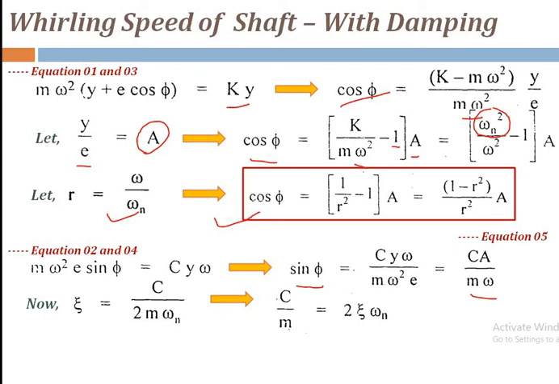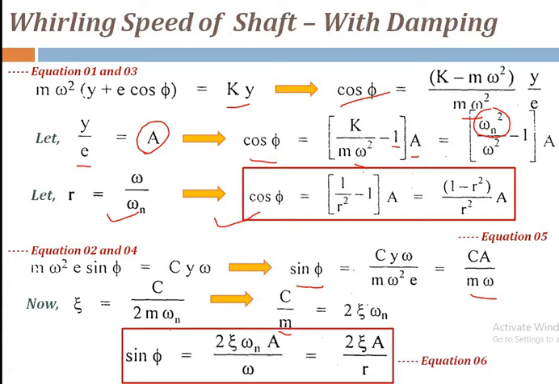And from this we get c by m equal to 2 zeta omega n. After substituting this value in above equation, we get sin phi equal to 2 zeta omega n A by omega, and we get 2 zeta A by r, which is equation number 6.